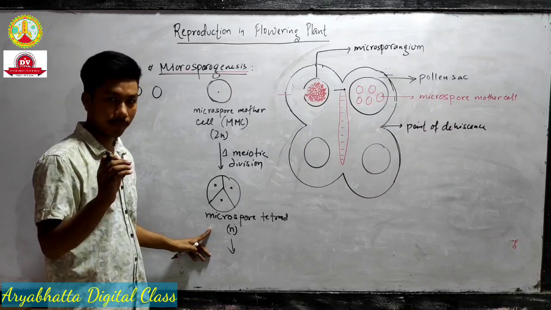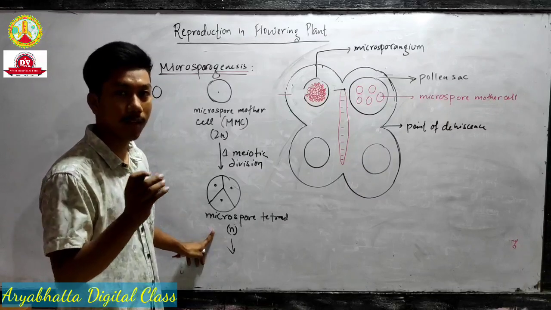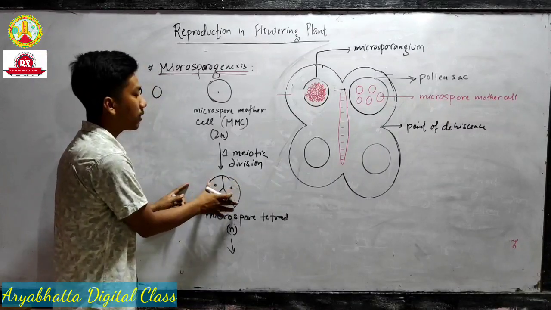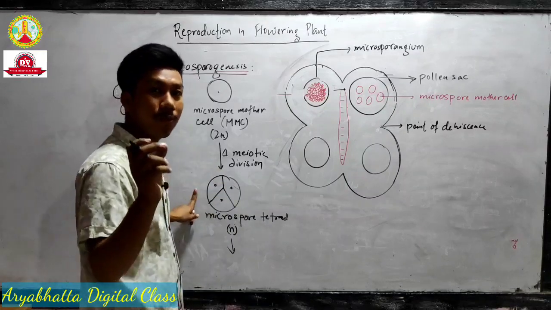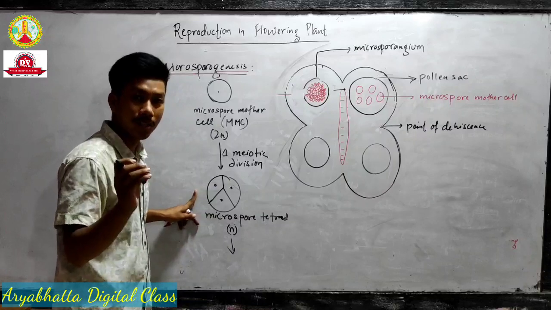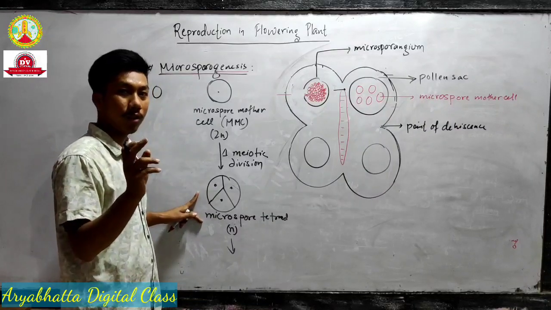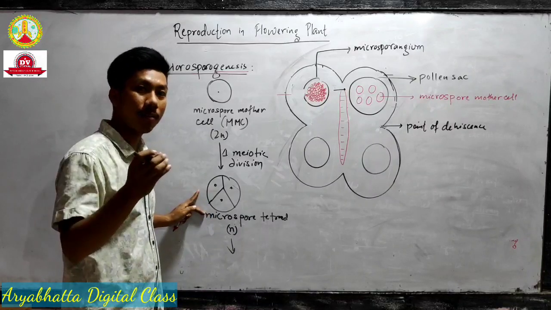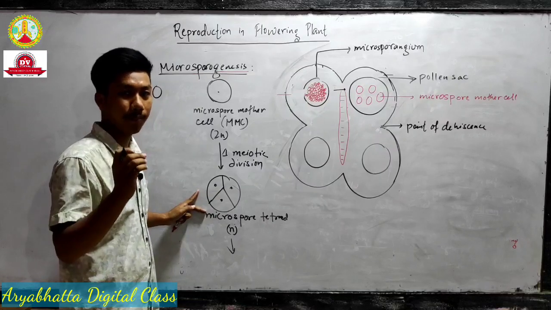Callase enzyme. They help in the degeneration. All those microspore mother cells are attached with the help of a sticky substance, callose. Remember the structure of callose. Those sticky structures are ruptured with the help of an enzyme known as callase produced by tapetum.